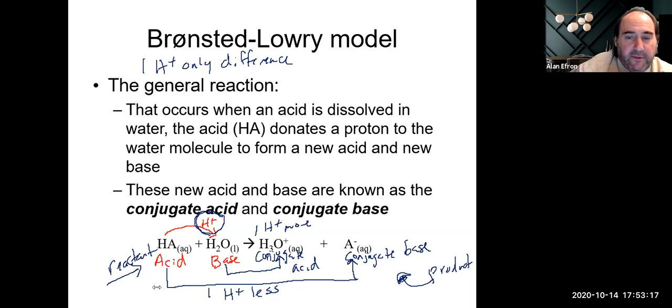And that is an important relationship. In order for those things to be related to each other, that is the only difference that there can be. It can only be that 1 H plus difference. So again, acid is something that will give away an H plus. The base is something that will accept the H plus. And what they do is they create partners on the other side where the difference is just that 1 H plus. And again, that's an important relationship there.